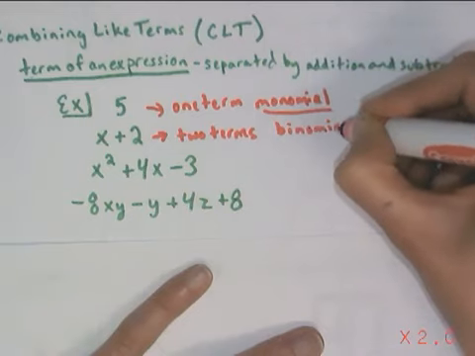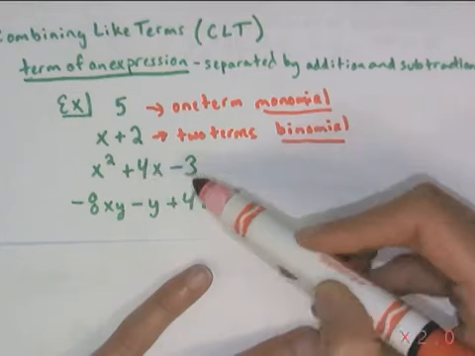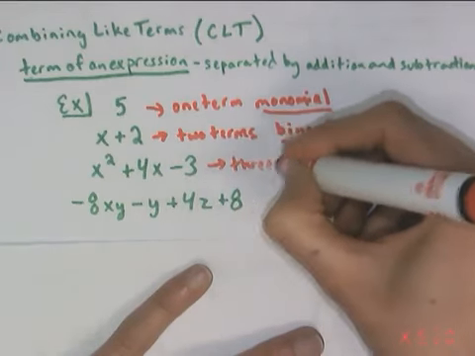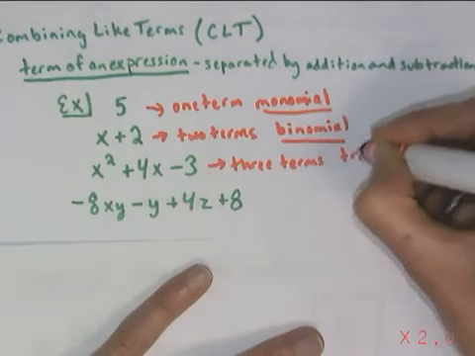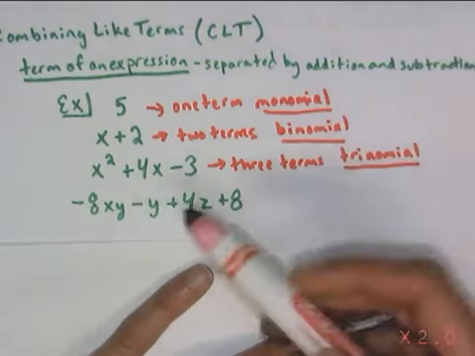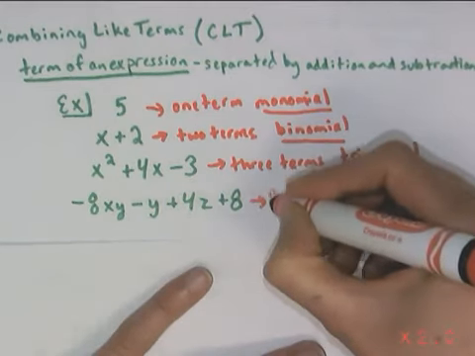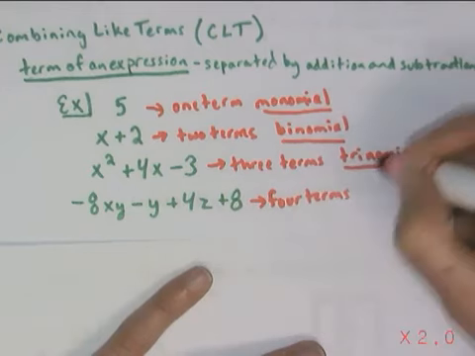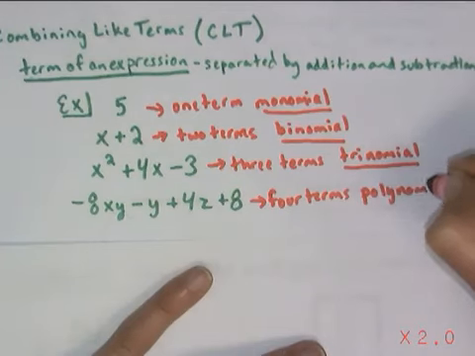And I'm sure you can guess what we are going to call that which has 3 terms. And if you said trinomial, you would be correct. Okay. After the trinomial, if you look at this guy, he's got 4 terms. So if they have 4 terms or more than 4 terms, the generic phrase for that will be a polynomial.